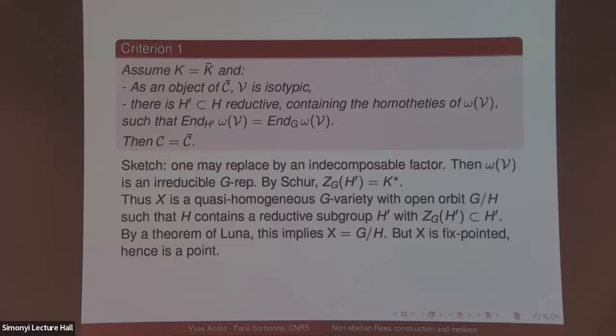It uses the slice theorem. Okay. So the conclusion of Luna's theorem is that X is a homogeneous space, but X has a fixed point, so it is a point.